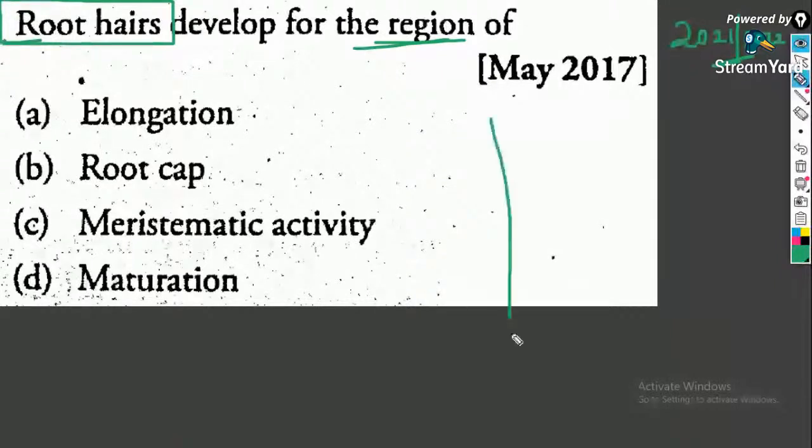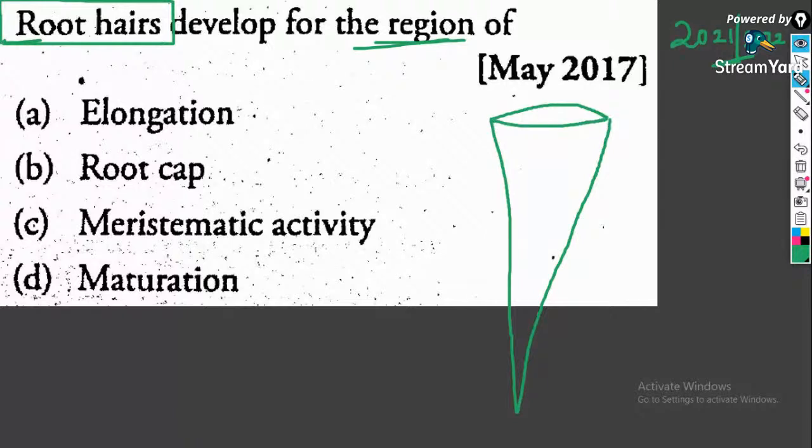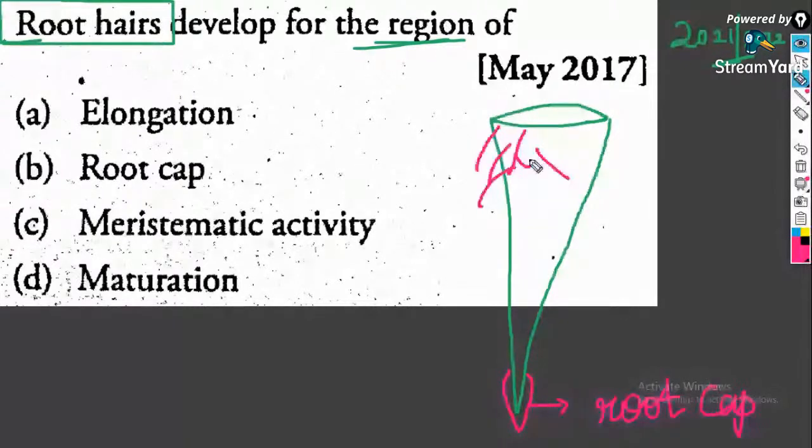You have to study the structure of root hairs. At the end you have a tip like this, and this tip you call the root cap. And at the top you will see certain root hair projections just coming out. So these projections are called root hairs.